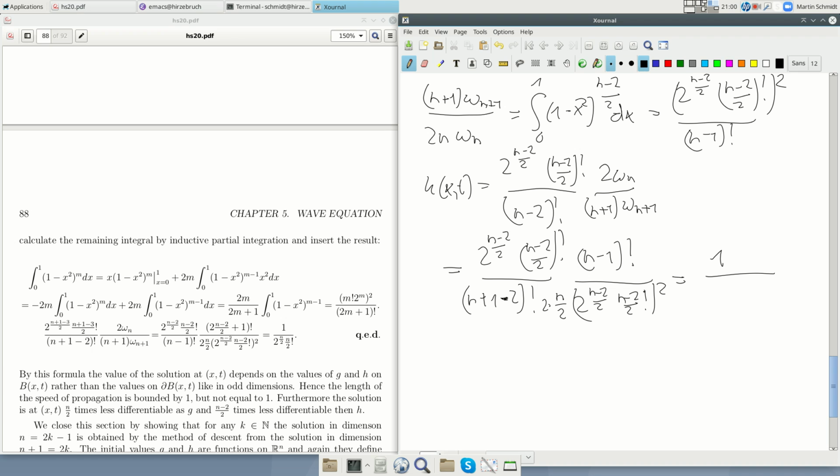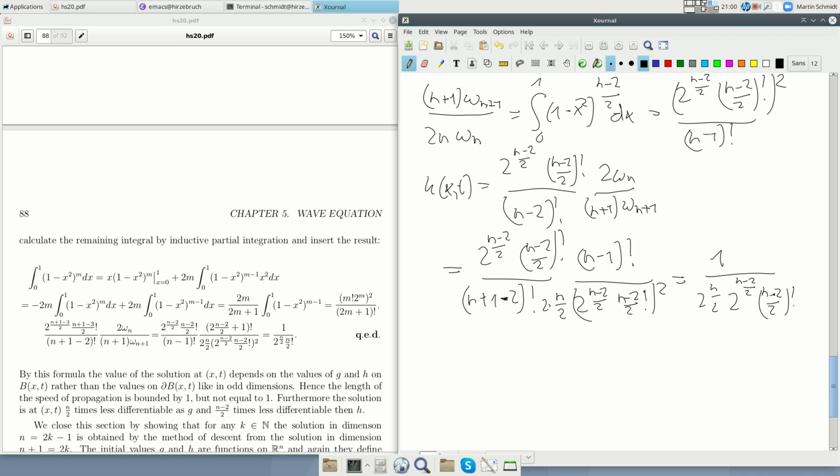This is 1 divided by 2 times n half times 2 to the power of n minus 2 half, and n minus 2 half faculty.